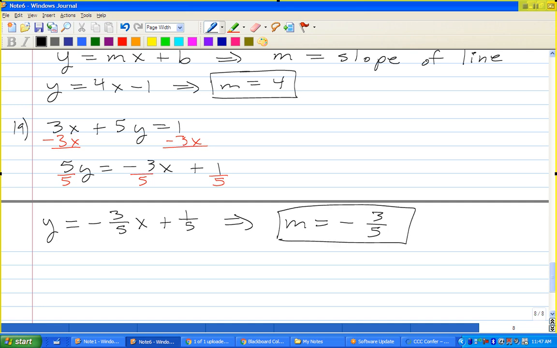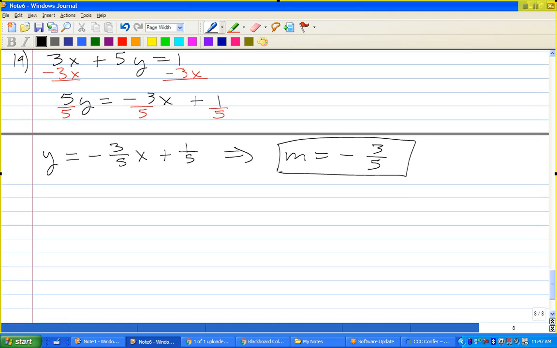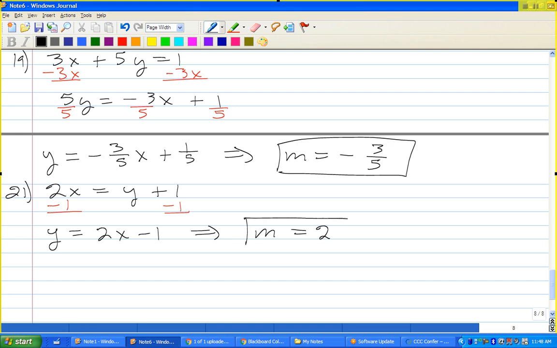Let me do problem 21. 2x equals y plus 1. Subtract 1 from both sides of your equation. So you get that y equals 2x minus 1. Therefore, the slope of your line is 2.